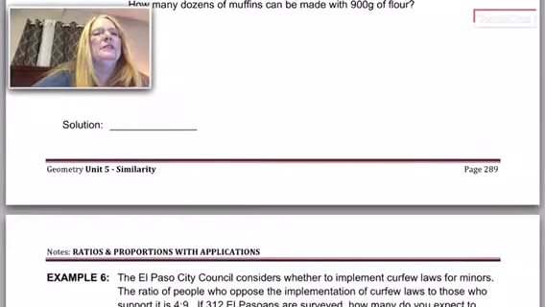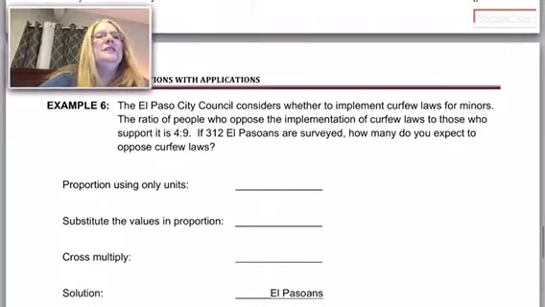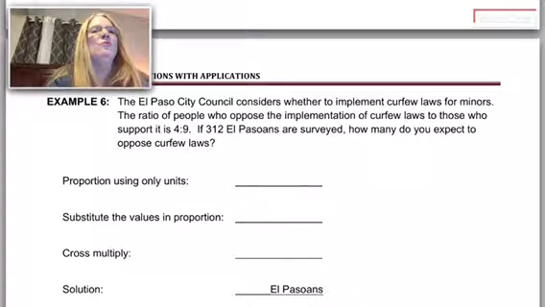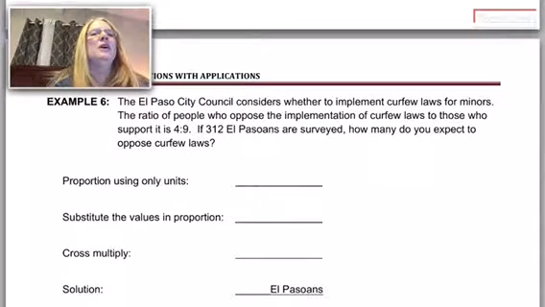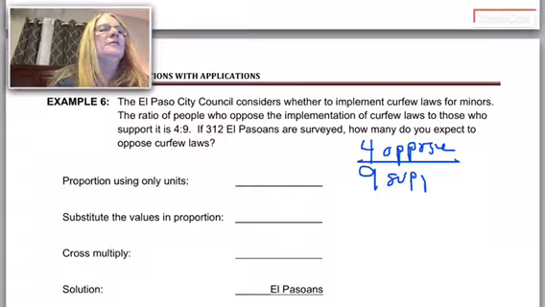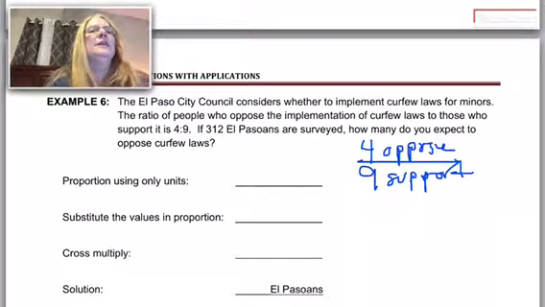I think we get something a little different here. This one you need to think about a little bit. The El Paso City Council considers whether to implement curfew laws for minors. The ratio of people who oppose the implementation of curfew laws to those who support is 4 to 9. So we have 4 oppose to 9 that support. Okay.